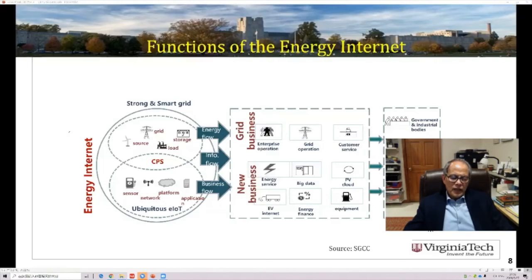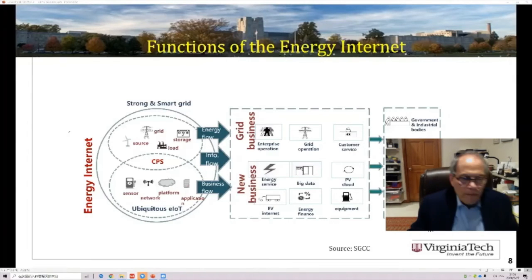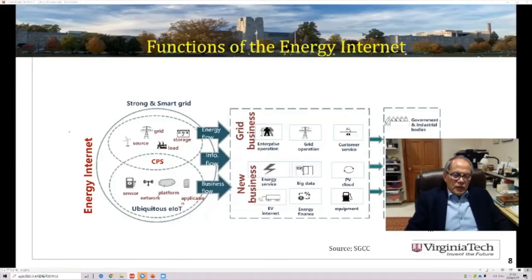Ubiquitous meaning it is everywhere, you don't realize it. And EIOT stands for Energy Internet of Things. Then the intersection between strong and smart grid on the top and ubiquitous EIOT on the bottom is this oval called CPS, Cyber Physical System.